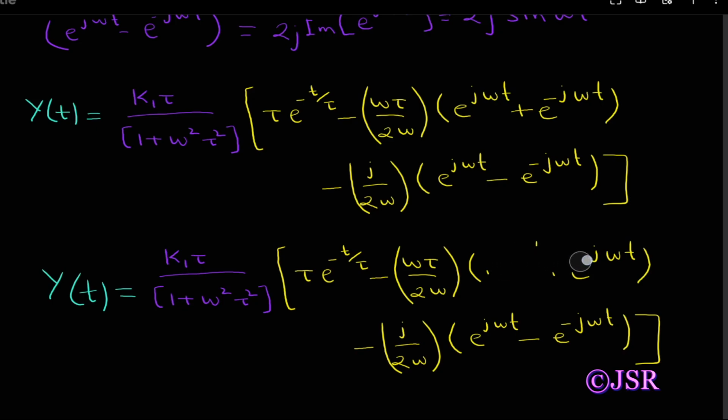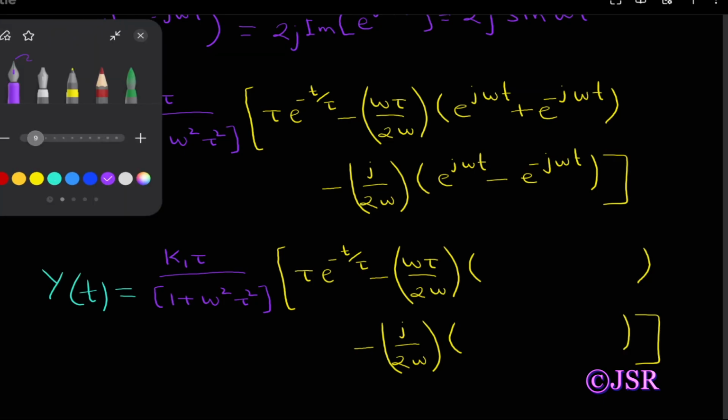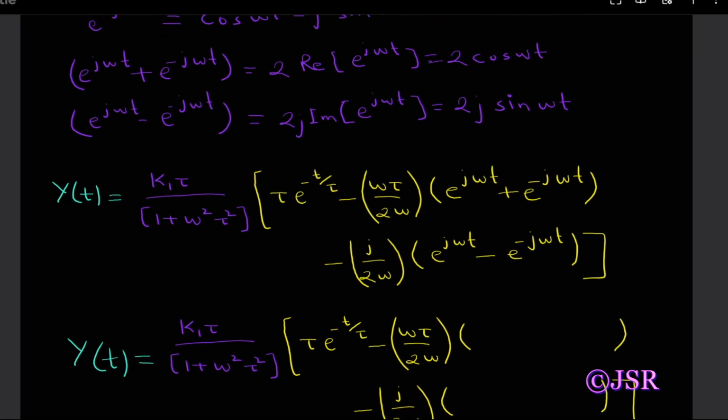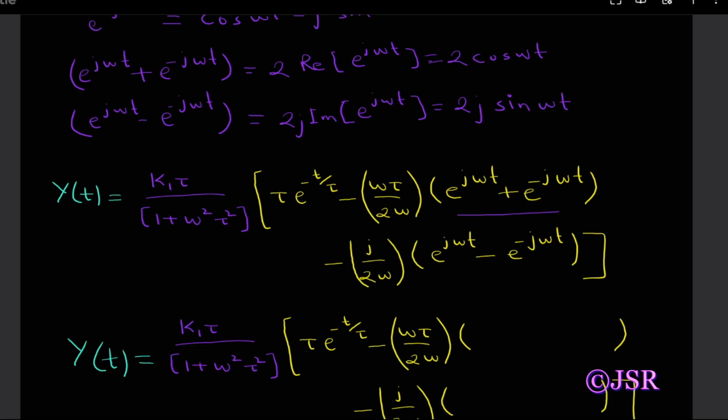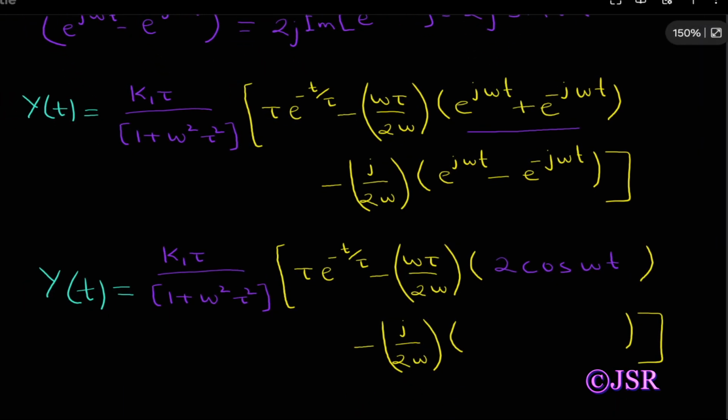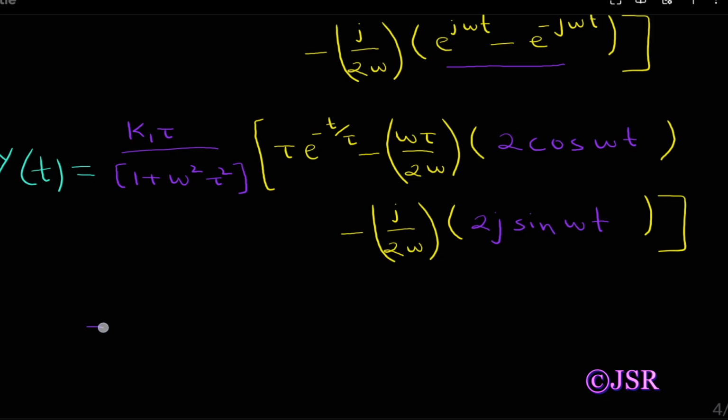Now we can replace the exponential terms. e to the power j omega t plus e to the power minus j omega t equal to 2 cos omega t, so I can write 2 cos omega t, and in the second bracket, e to the power j omega t minus e to the power minus j omega t, I can write 2j sine omega t.